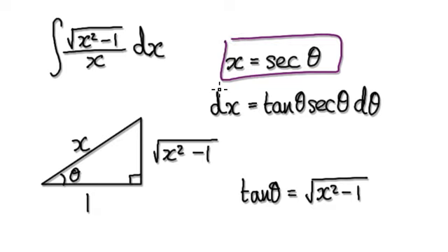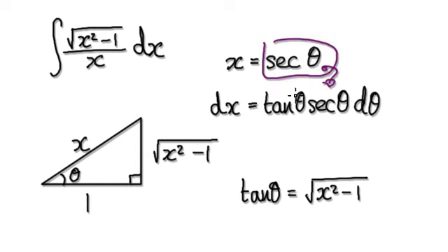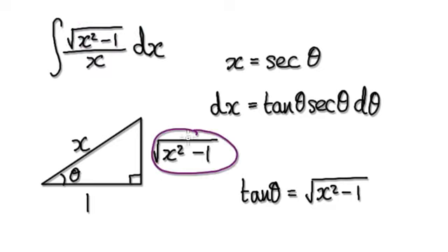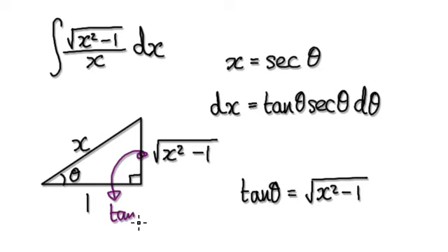So once you've got this thing here, then dx equals this thing here. So you simply differentiate this. That will then give you this. Now you ultimately want to replace this complicated thing here. The complicated thing here is your tan theta.